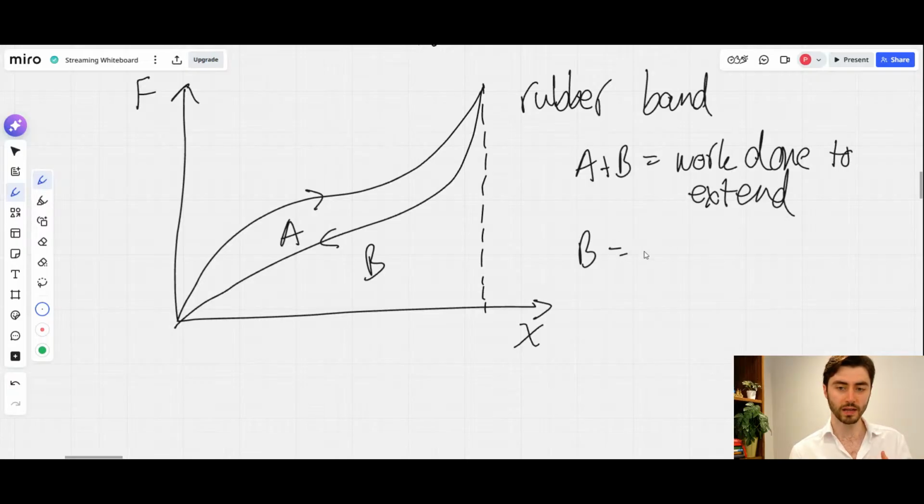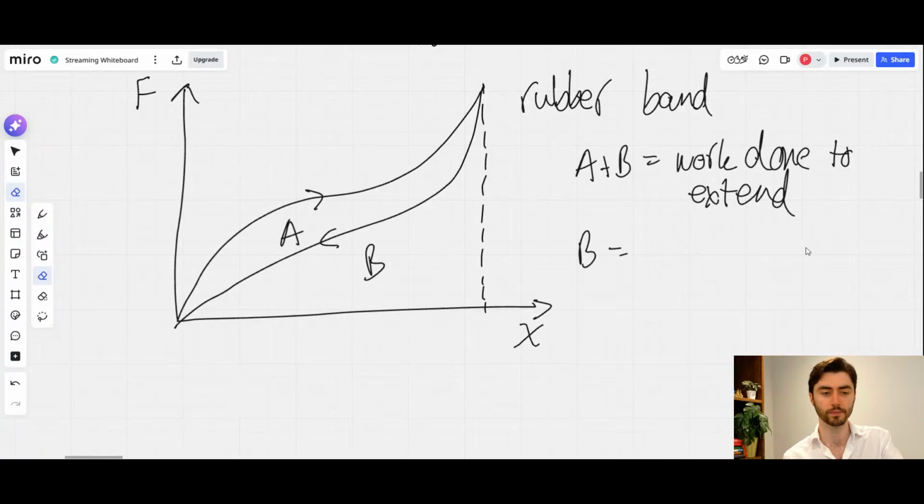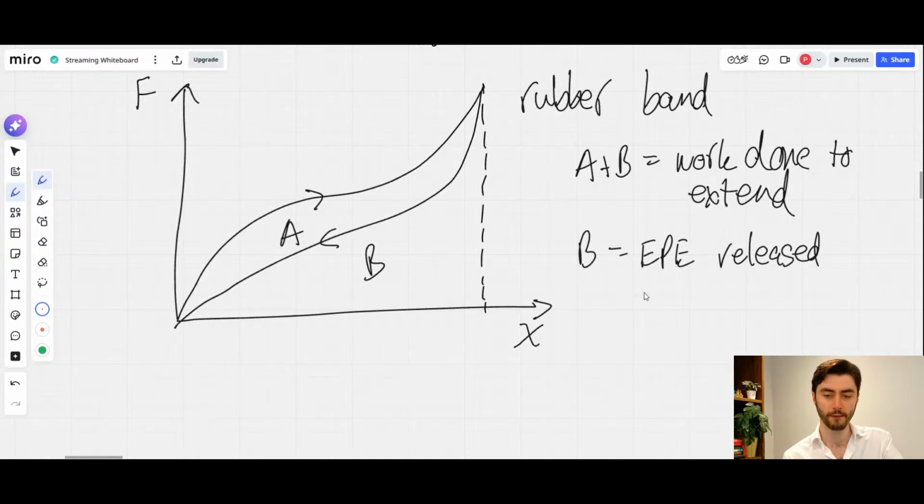And then B is the work done, the elastic potential energy released when it comes back to its original shape, or the energy released in unloading.